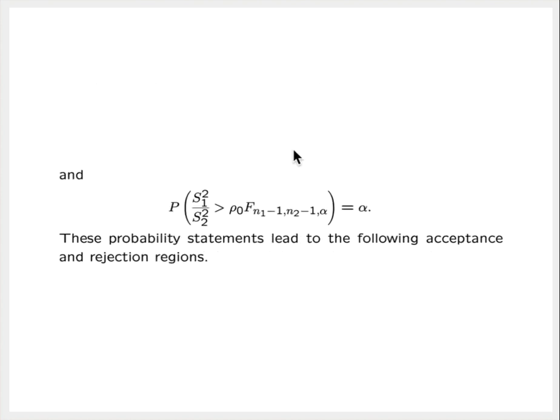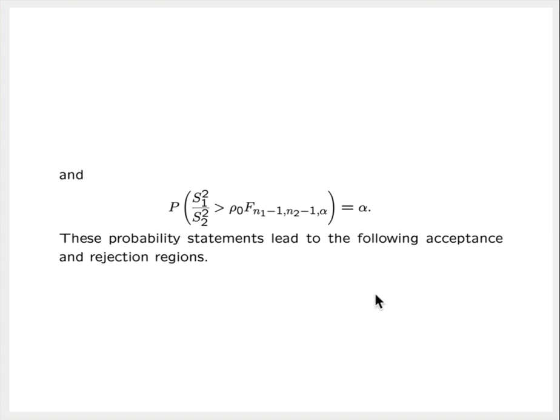The probability that the ratio S1 squared over S2 squared is greater than that value, rho sub 0 times this F value, by the complement rule is equal to alpha.